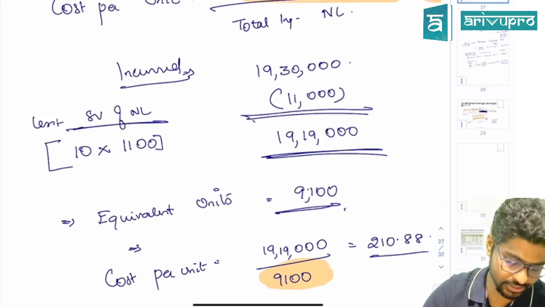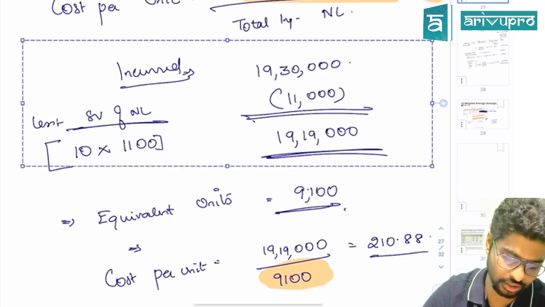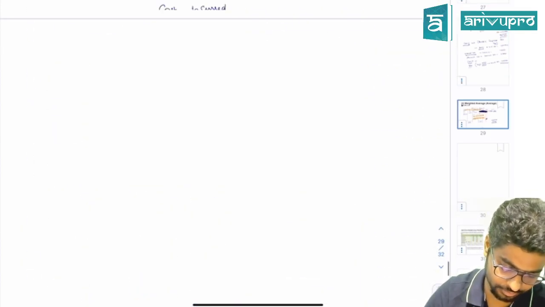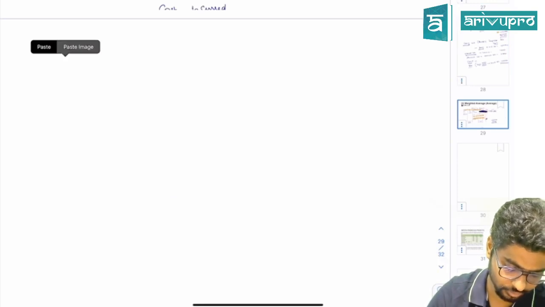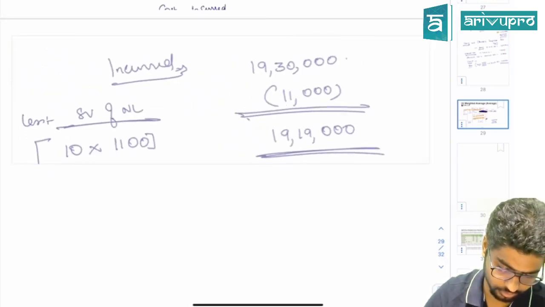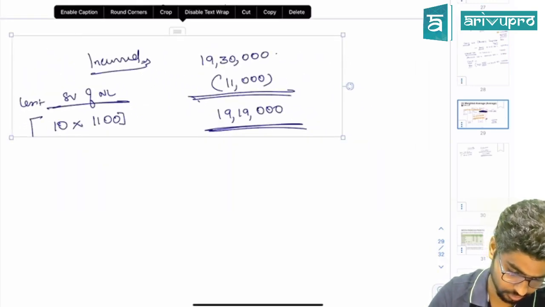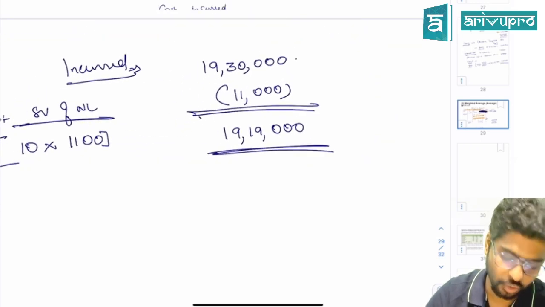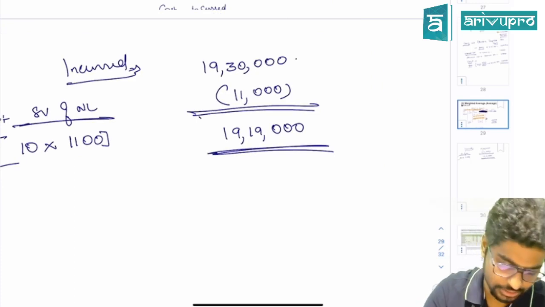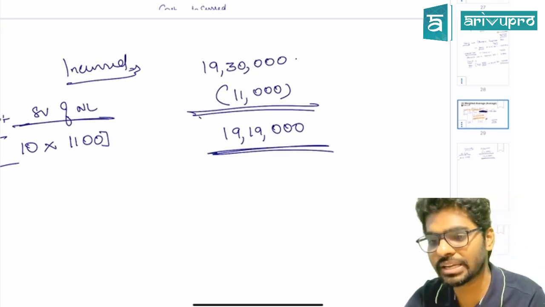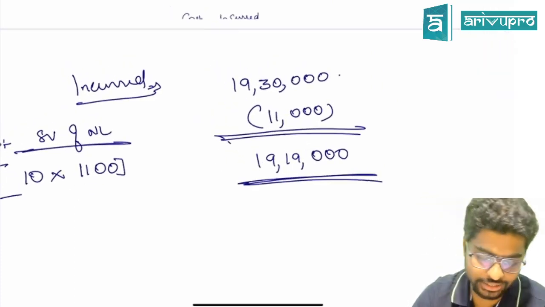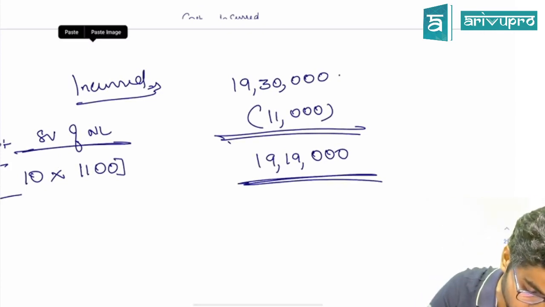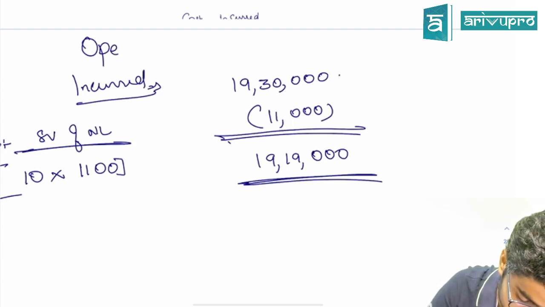If I am doing the same thing for the weighted average, see here, I shall be considering not only the cost incurred till now, but also the cost of the opening WIP.